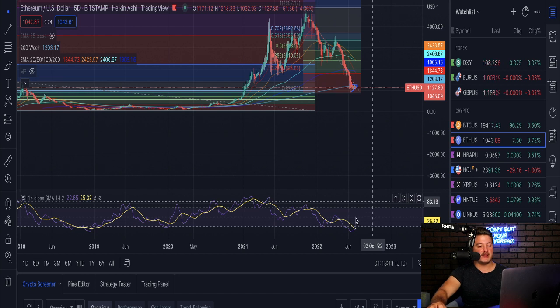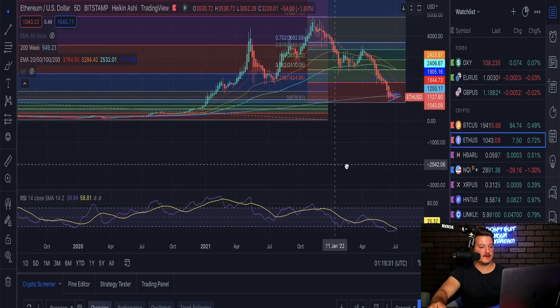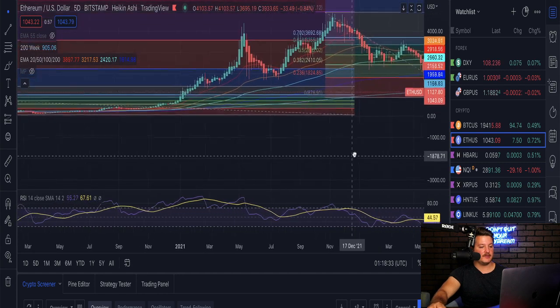This is in between, and below that, it would signal relatively oversold. This would be relatively overbought, and this would be extreme overbought.